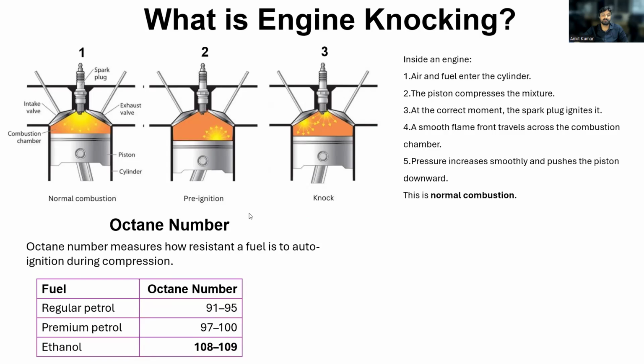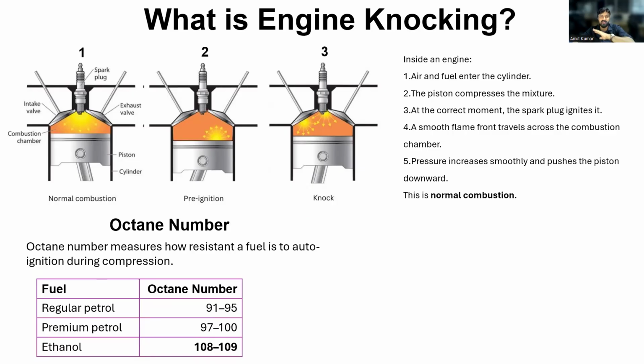If we compare fuels with different octane numbers, regular petrol that we basically use has an octane number of 91 to 95, which is very prone to knocking. Then there is premium petrol with an octane number of 97 to 100, which will resist knocking. And then ethanol, the discussion topic of this lecture, has an octane number of 108 to 109.